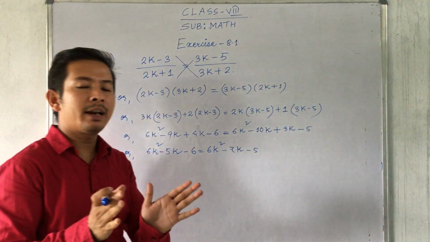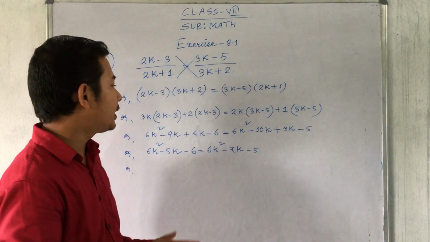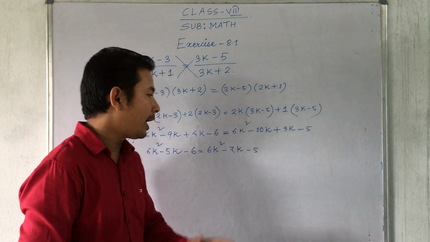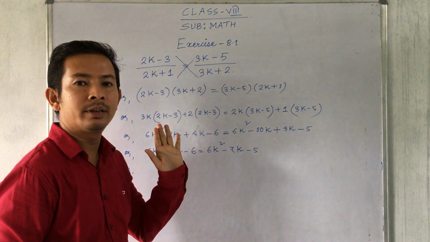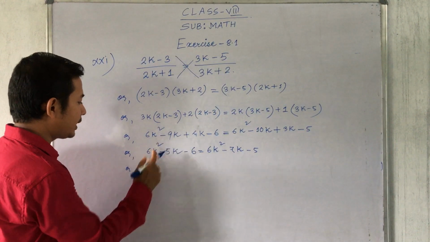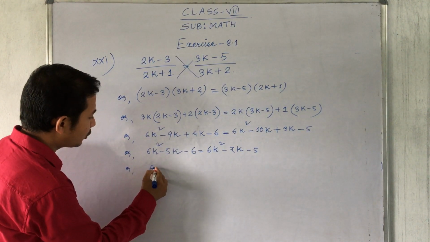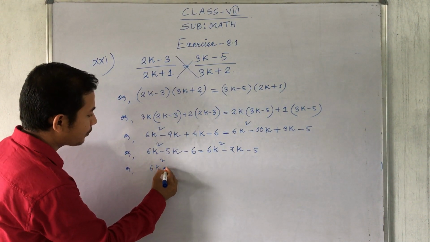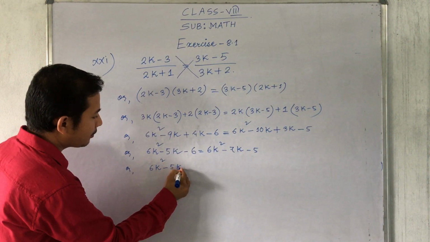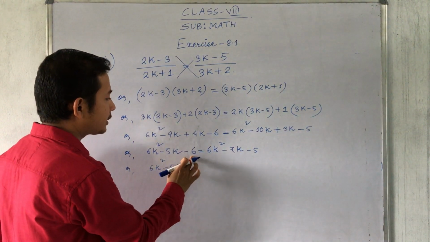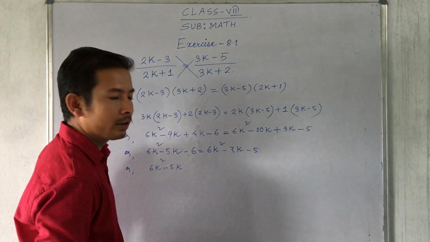Now we have to separate variable and constant. Constant we need to write to the right hand side and variable to the left hand side. So 6k square is in the left hand side, so no need to change, as it is. Minus 5k as well, isn't it? But this constant we need to put to the other side.